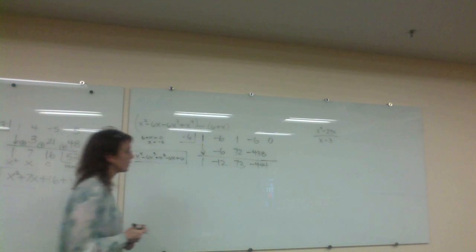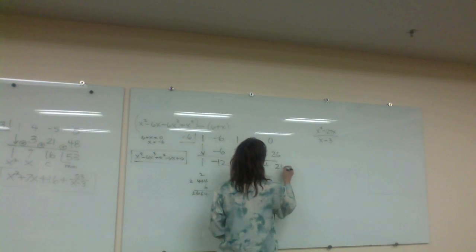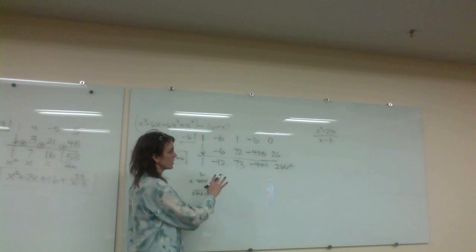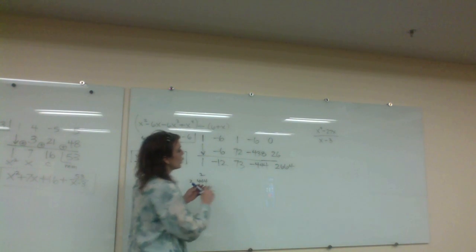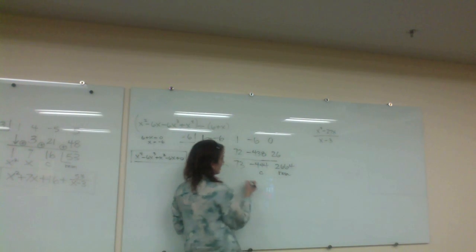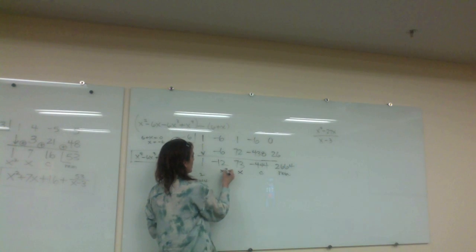And multiply. Holy cow. 2, 6, 6, 4. Okay, so we've got our coefficients here. 2,664 is our what? This is our remainder. This is our constant, linear, quadratic, cubic.